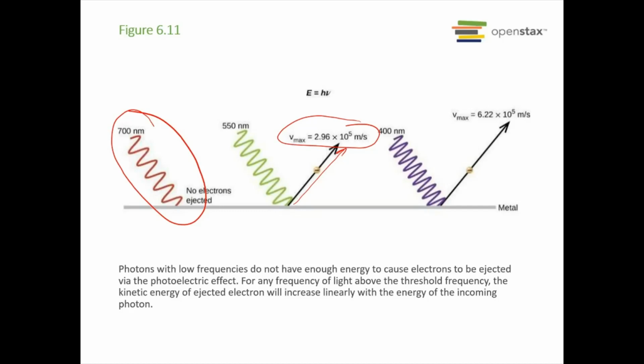And then we go to an even higher frequency and we can see those electrons come out with an even higher maximum velocity. So the kinetic energy of the electron is going to increase with the energy of the photon.